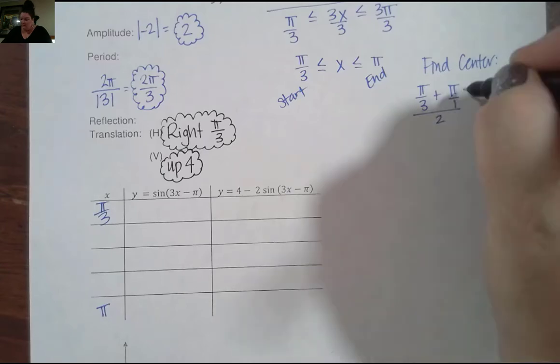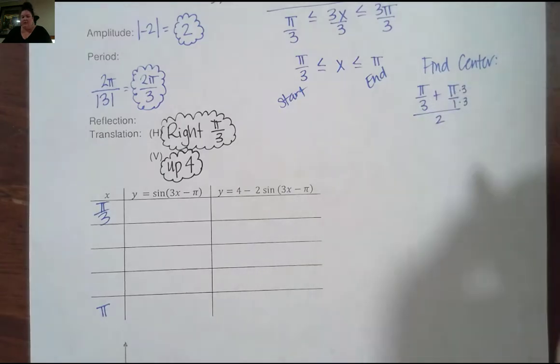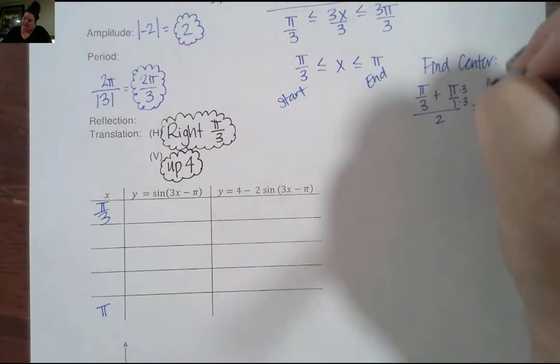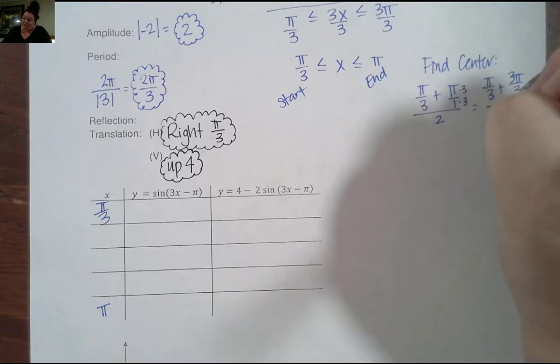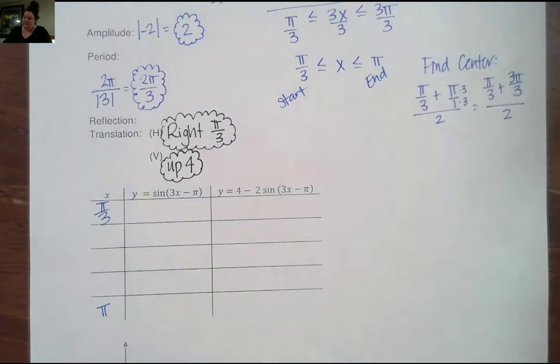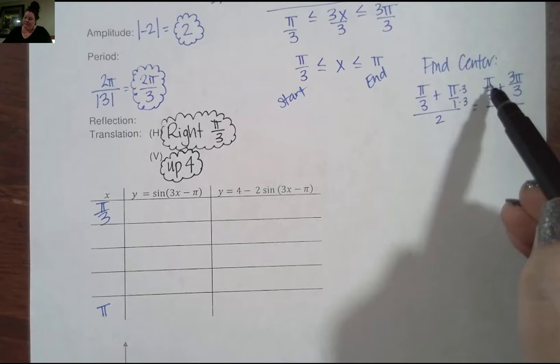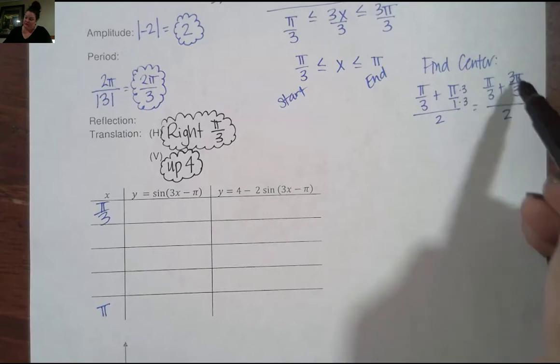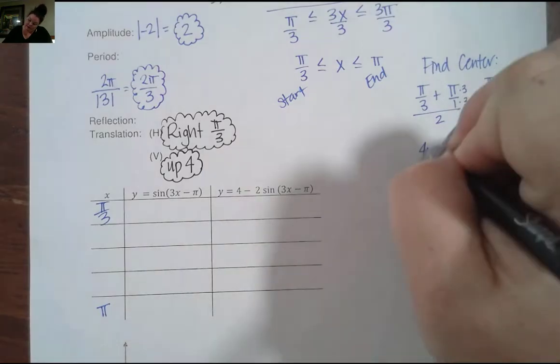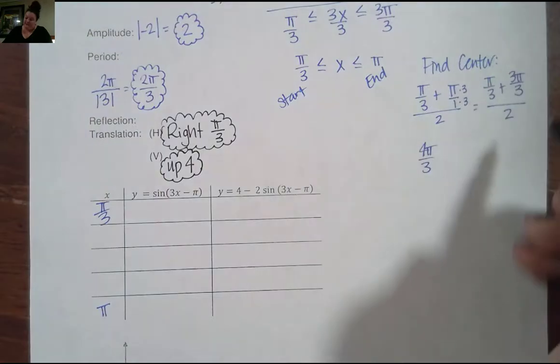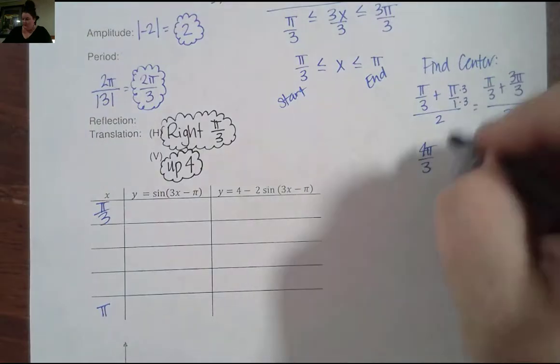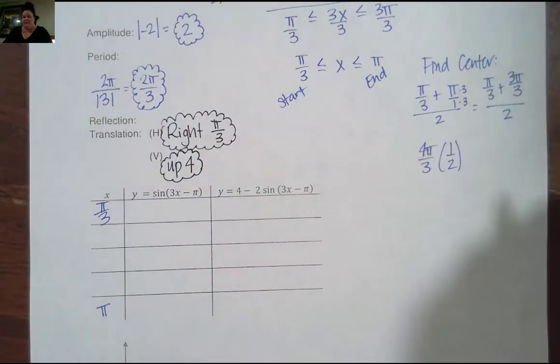So I'm going to go ahead and just multiply this one on top and bottom by 3. So now we can say pi over 3 plus 3 pi over 3 divided by 2. If I add the top, pi over 3 plus 3 pi over 3 gives me 4 pi over 3. And then I'm dividing that by 2, which is the same as multiplying by 1/2.